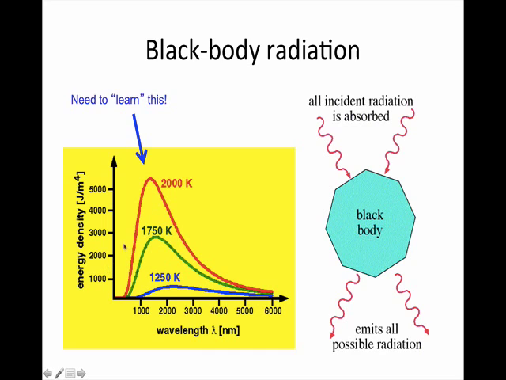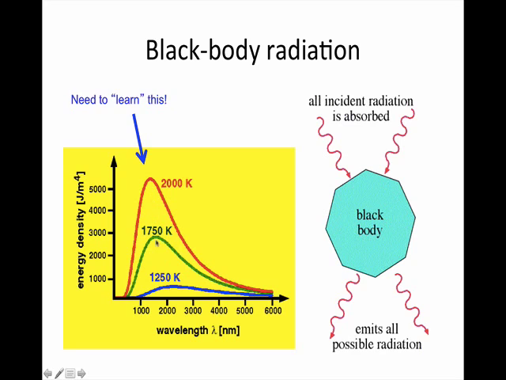And the other difference is that if we compare objects of higher temperature to objects of lower temperature, the objects of higher temperature put out far more energy overall. So it's putting out more energy at every single wavelength. This one here of 2000 Kelvin puts out more; this one here of 1750 Kelvin is putting out less energy at every single wavelength.